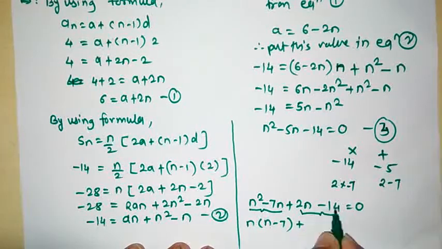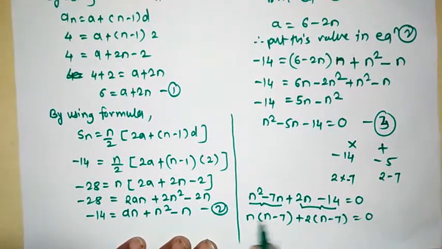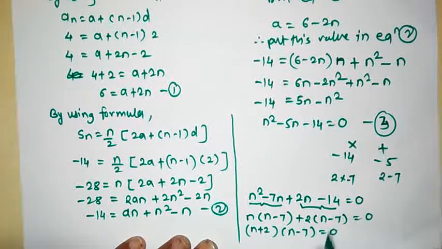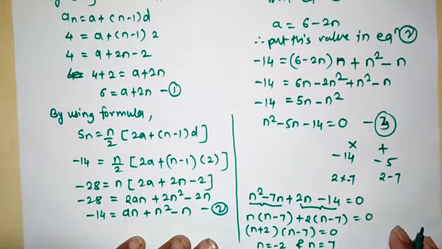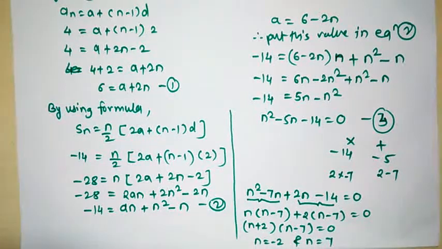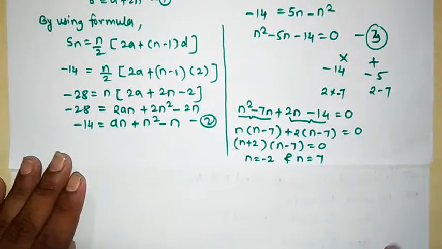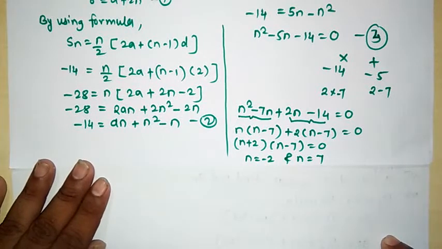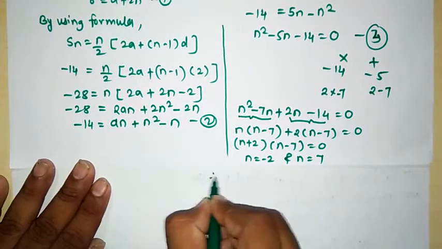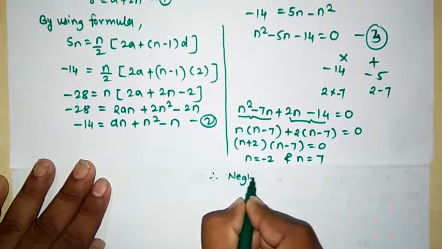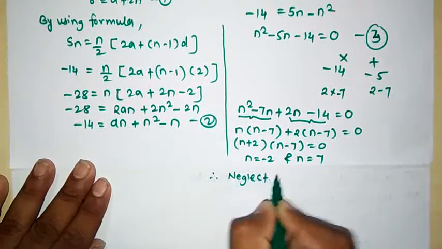Plus from these two terms take 2 common, in the bracket n minus 7 will remain, which is equal to 0. Now we will write n plus 2 in one bracket and n minus 7 in the other. After equating each, we get n is equal to minus 2 and n is equal to 7. Here we got the 2 values of n, one negative and one positive. Therefore neglect the negative value.